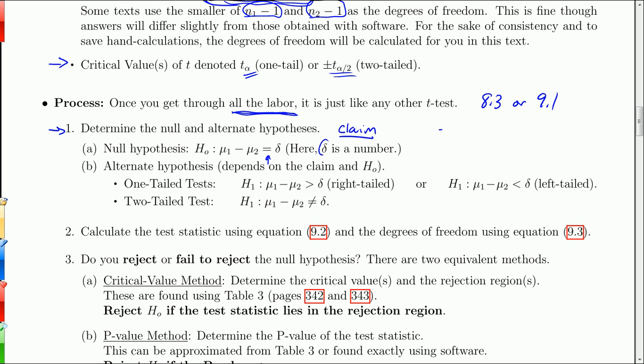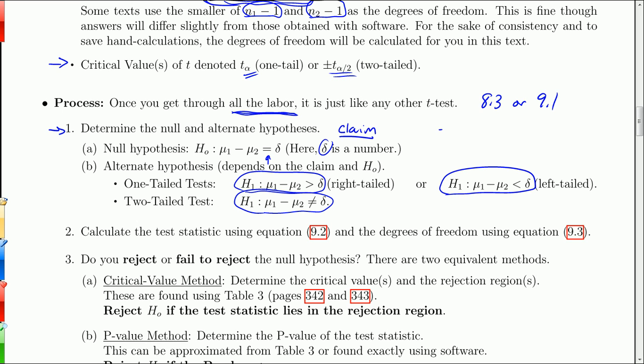And delta is some presumed value that comes from the claim. And just as in other hypothesis tests, we have an alternate hypothesis that looks like a greater than sign, or less than, or not equal to, right? And the choice depends on the claim and on the null hypothesis.